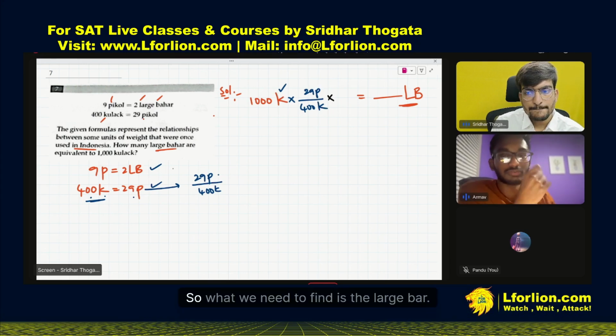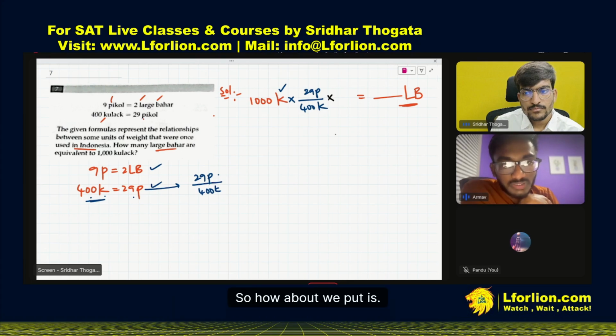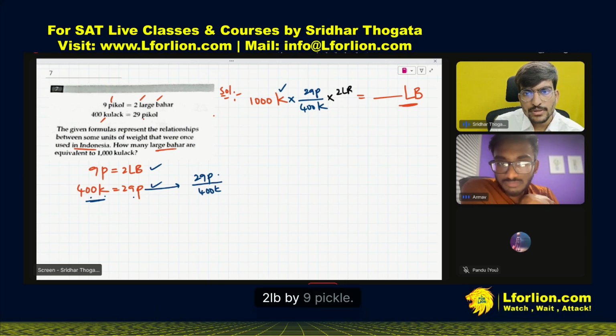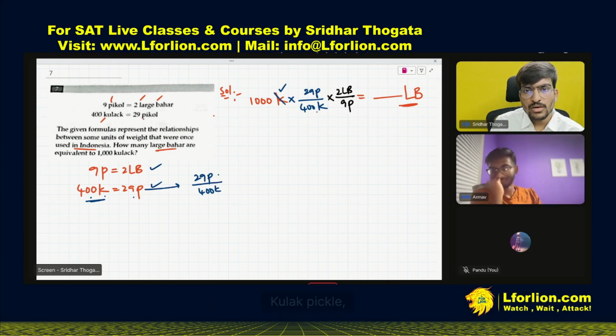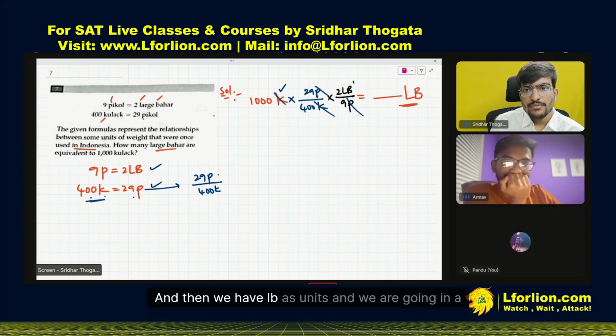So what we need to find is the large bahar. So how about we put 2 large bahar divided by 9 pickle. 2LB by 9 pickle. Correct. So now we cross out kulak, kulak, pickle, pickle, and then we have LB as units, and we are going in the right way.